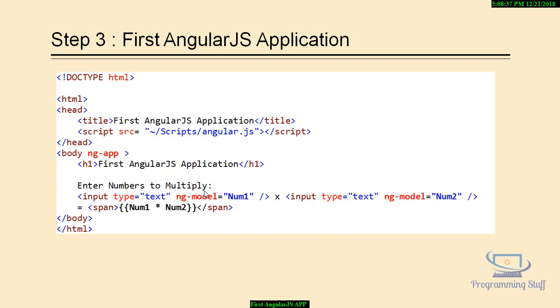This example looks like HTML code with some strange attributes like ng-app, ng-model and curly braces. These are the AngularJS built-in attributes called directives.